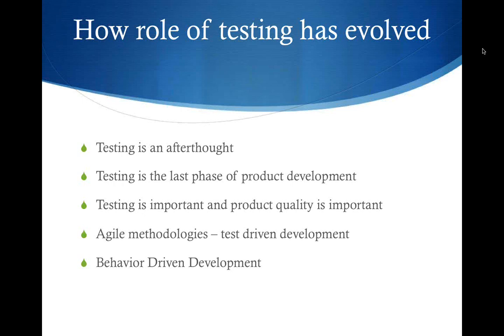Then companies realized that quality of the software is important, and quality teams and test teams started being involved at a much earlier stage. Then came agile and test-driven development, where QA and tests were recommended to be involved right from the beginning. Now with the advent of mobile apps, the last stage, which is behavior-driven development, is becoming very important.